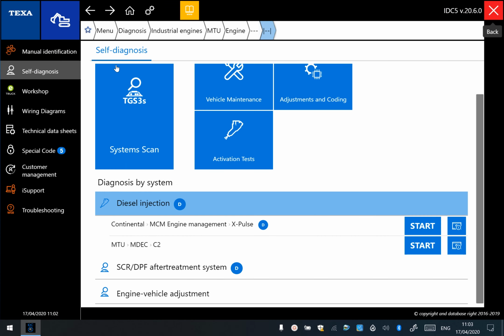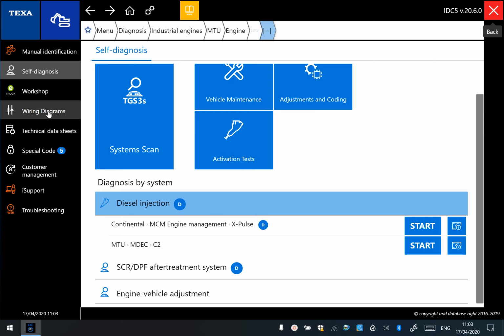Now, just to take you over to the left-hand side. What we have here is manual identification. This is where, once you've created a bit of a customer management or customer database, you would then enter that information. So once you've got the correct makes, models and selections, that can all be saved.